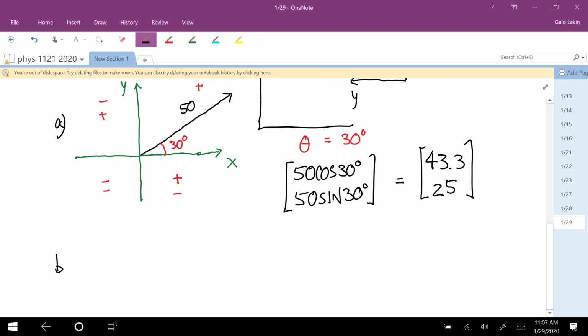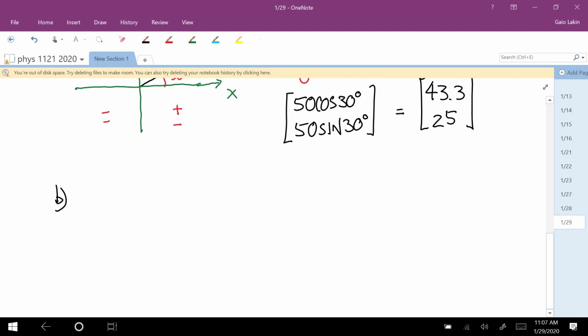Okay, so the second one, part B, our coordinate system has the positive x-axis up and the positive y-axis to the left. We still don't rotate the vector. We just, like it's drawn, we put the tail at the origin, and it still has a magnitude of 50.